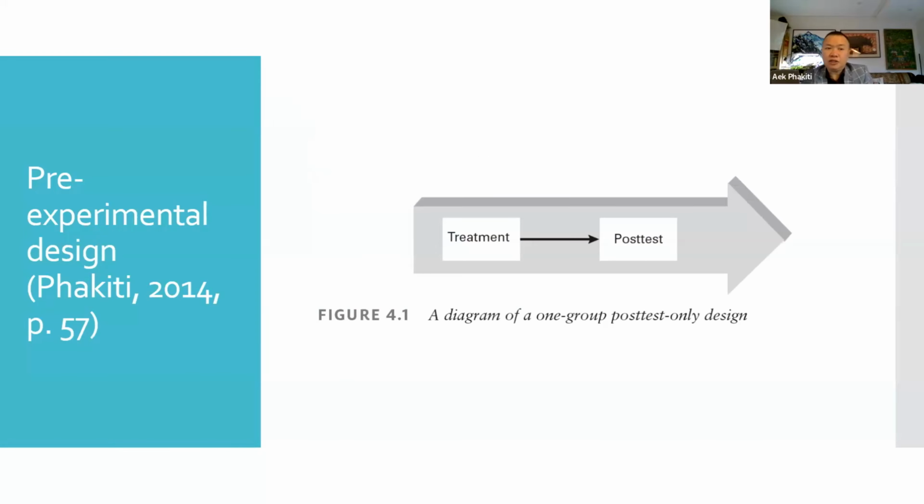Okay. Now, I just want to go through this quickly. This is based on my book, 2014. Just to show you what a pre-experimental design looks like. So you can see here, you just give students a treatment and then you observe the outcome. Okay, so we call that pre-experiment.